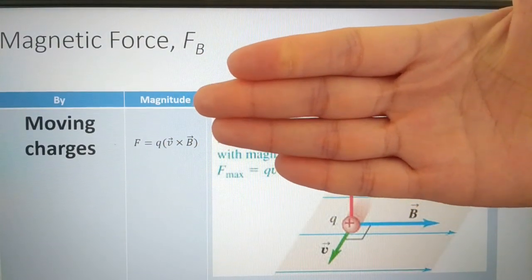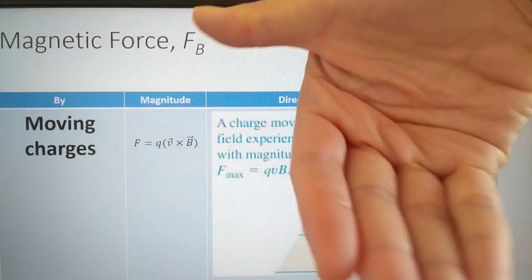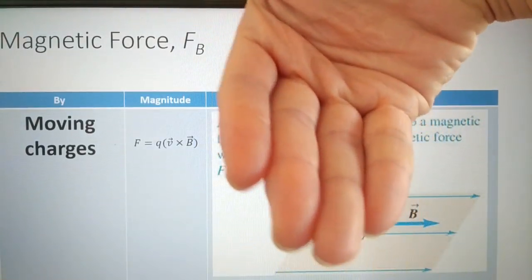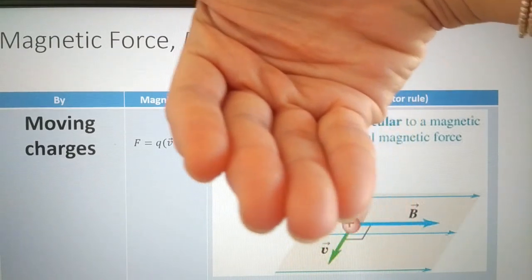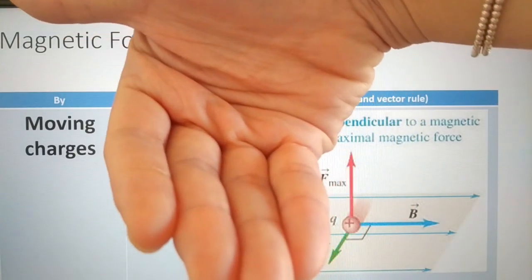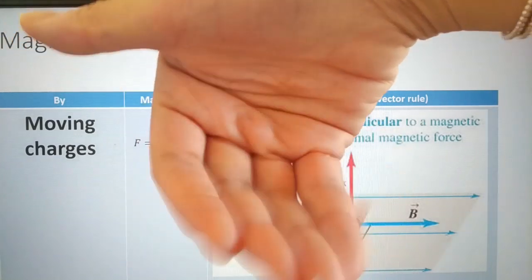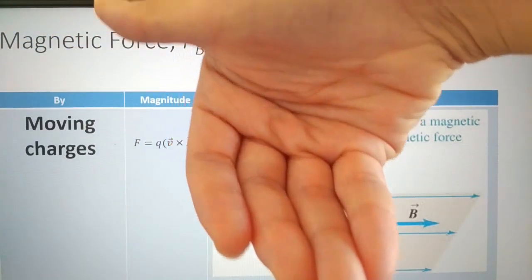First, point the direction of velocity, which is out of the page, and then cross B. Where is your B? B is to the right. So how do you curl your four fingers to the right?